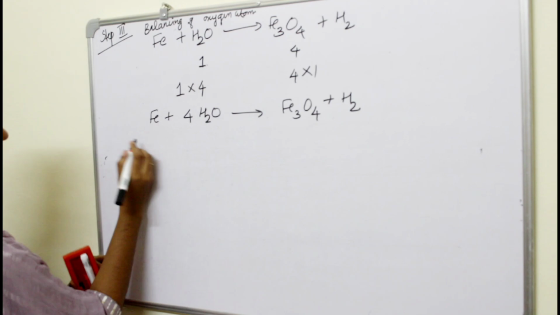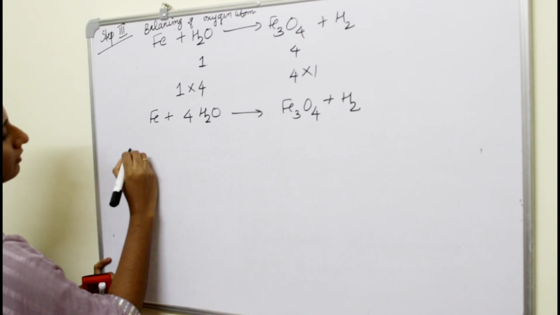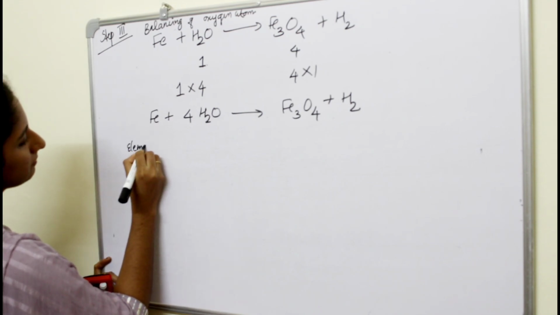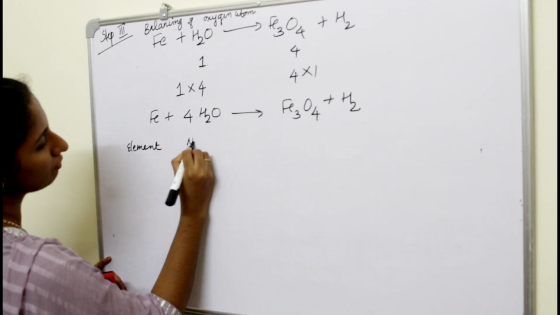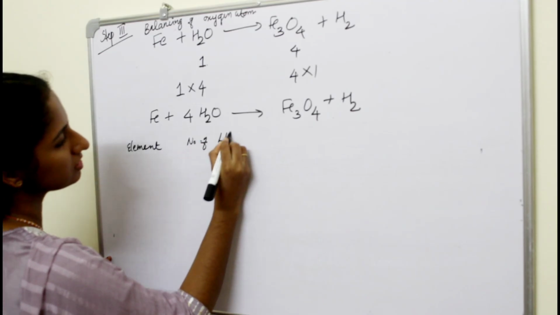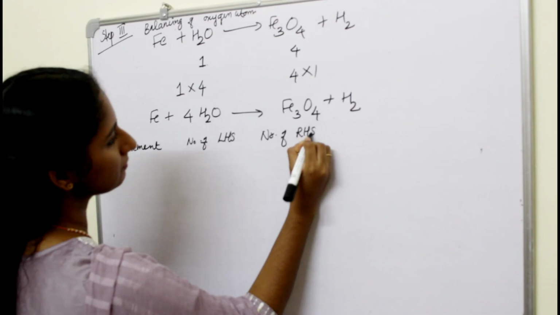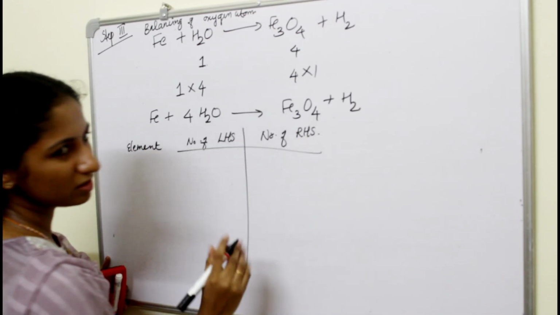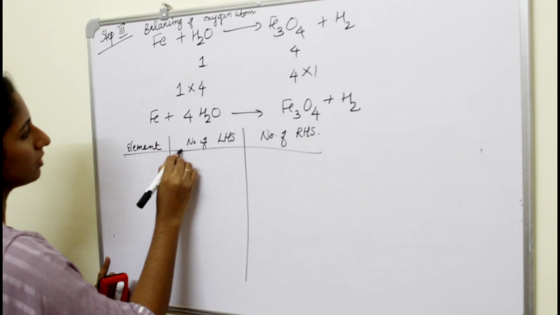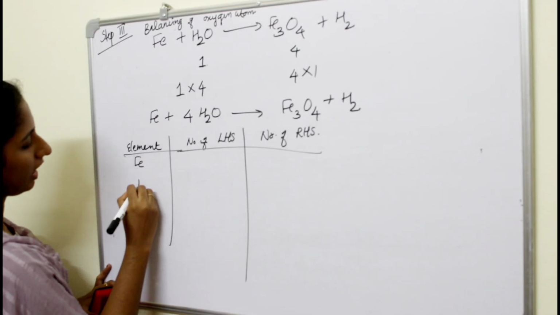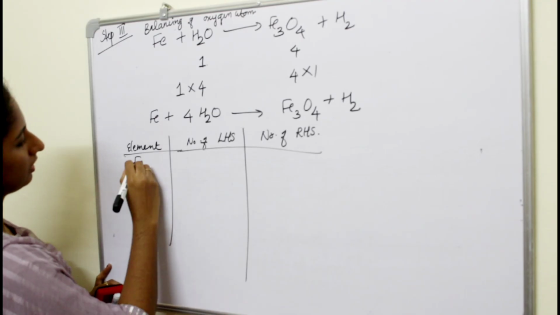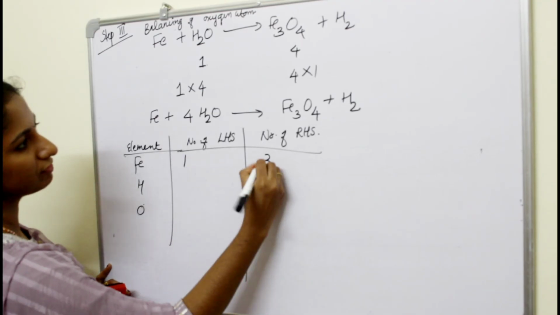So if you are writing this one again: element, number of atoms of LHS, number of atoms of RHS. I am writing it in a short form. So again we are writing iron, hydrogen and oxygen. Iron, here we have 1, here we have 3.